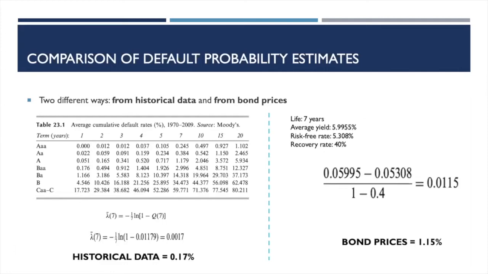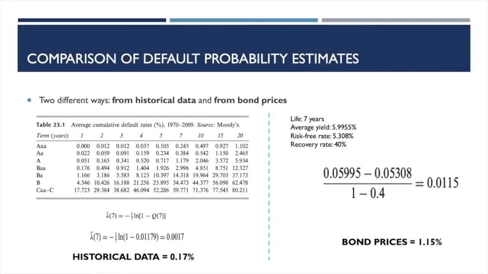Therefore, by looking at the 7-year column, we replace the values and we see that the answer is 0.17%. This means the average 7-year hazard rate is 0.17%, which is calculated from historical data. In other words, the probability of default at the end of the 7th year, on the condition of no earlier default, is 0.17%.